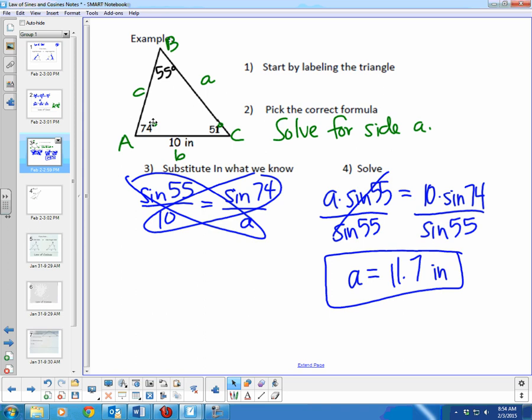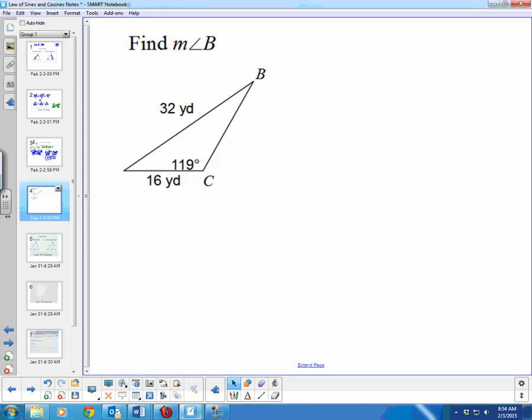Let's do another example, and hopefully that will help clarify, okay? All right, let's do another example below your notes. We're still on page 40. So this is example number 2. Can you guys draw that triangle below your notes on page 40?